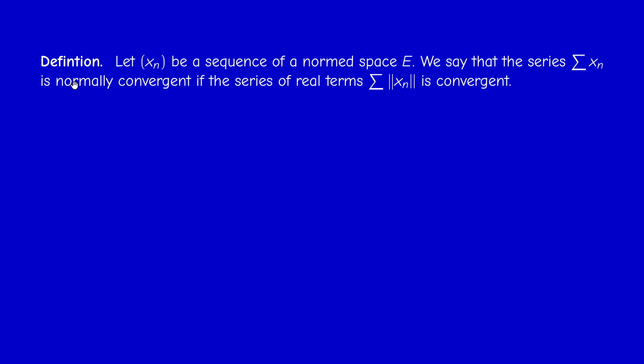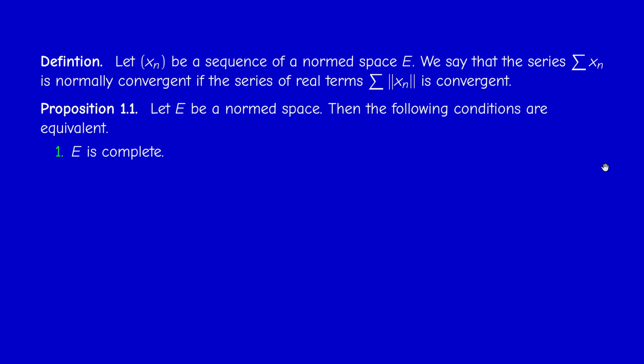Now there is another mode of convergence called normal convergence. A series is normally convergent if the series of norms is convergent. And now we have this result, an equivalence: a normed space E is complete if and only if every normally convergent series is convergent.